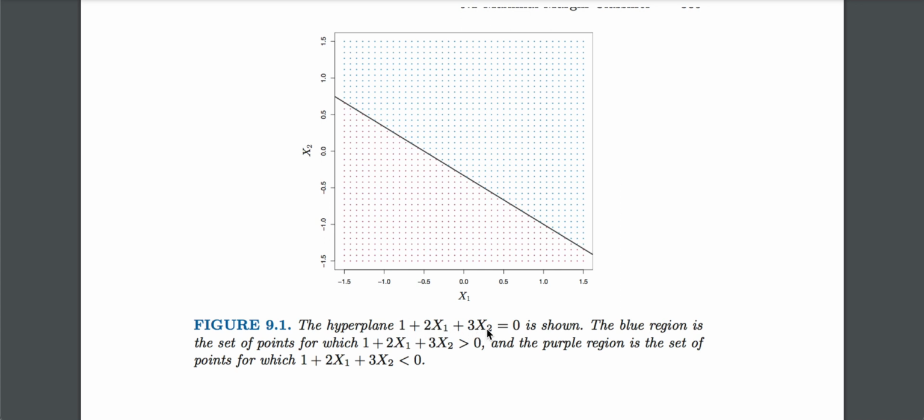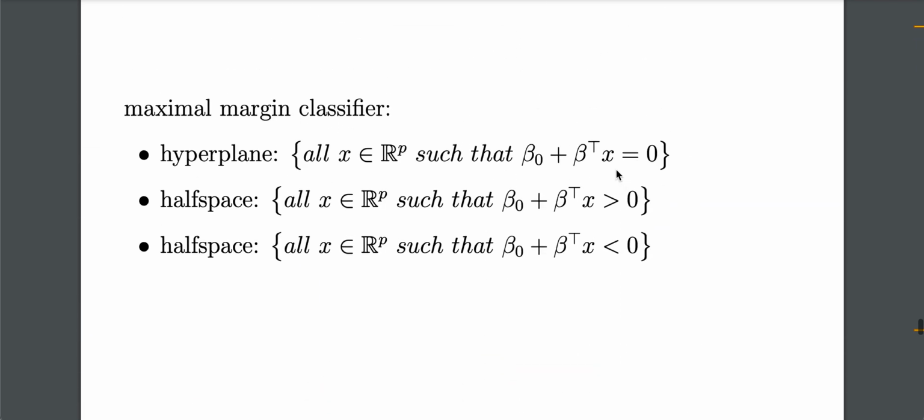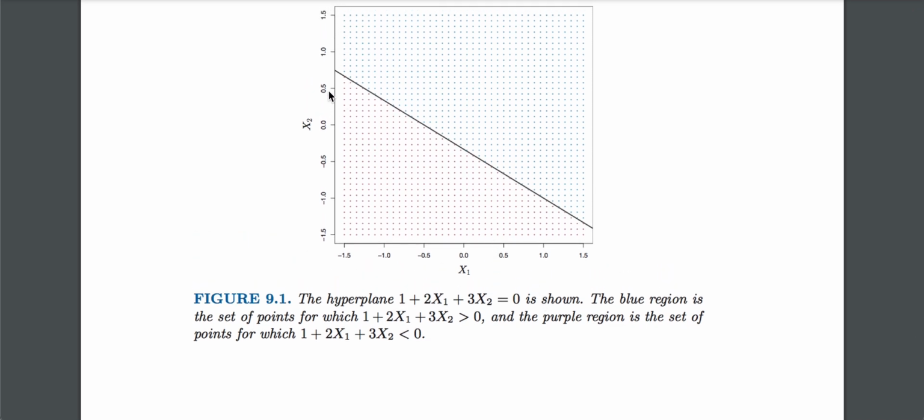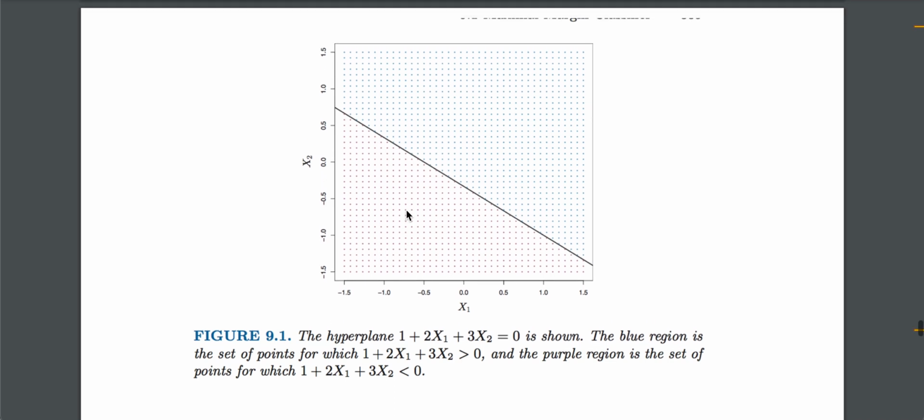So 2x1 plus 3x2 is this inner product in 2 dimensions. So that's the hyperplane. And then for any point (x1, x2), if you plug it in this formula, if this is greater than 0, then we are in the blue region. If it's less than 0, we are in the purple region.